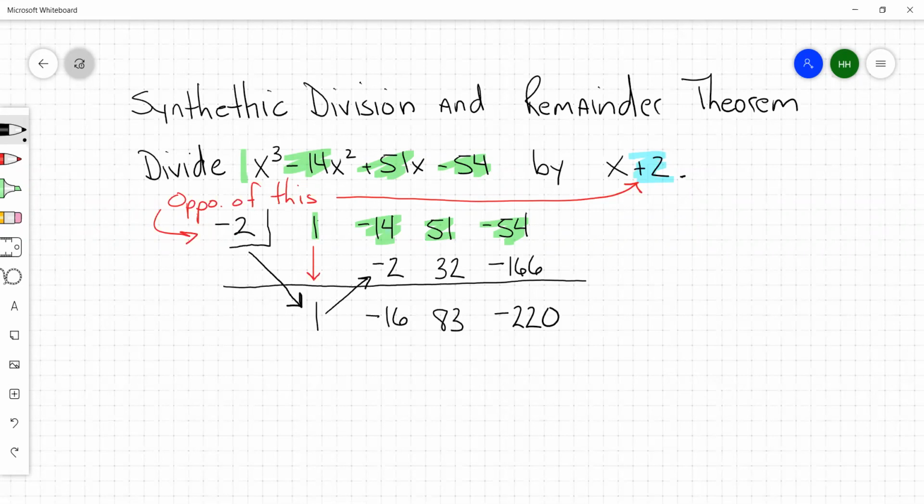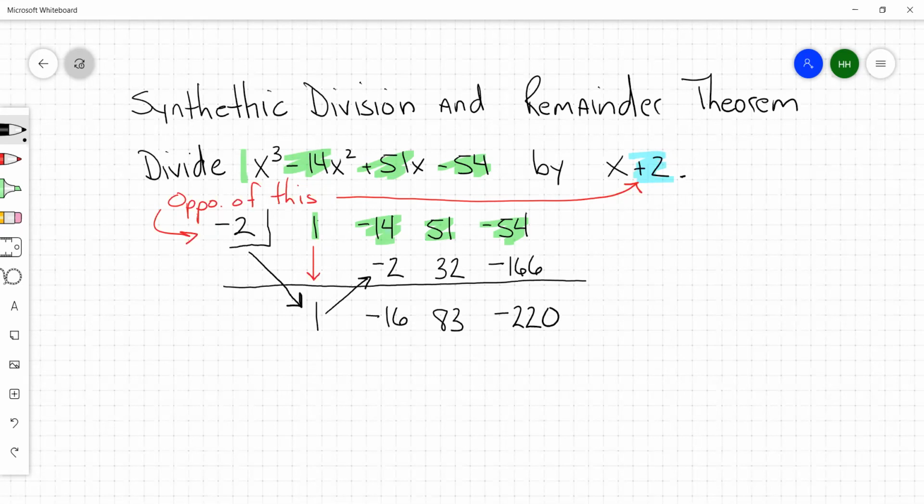Now, this is where I don't know that it's tricky, but you just got to pay attention a little bit. If this 1 right here in green represented x to the third, then this 1 in your quotient represents your x squared. It's always going to be 1 less power than this first term.